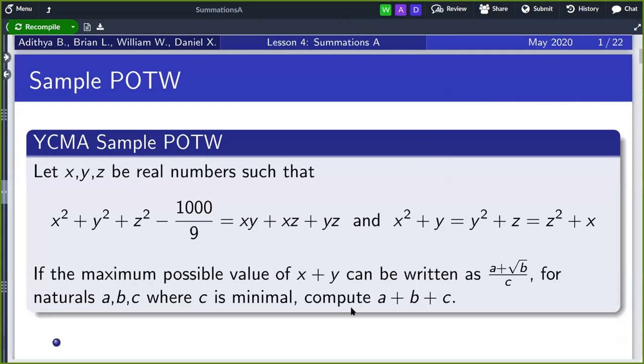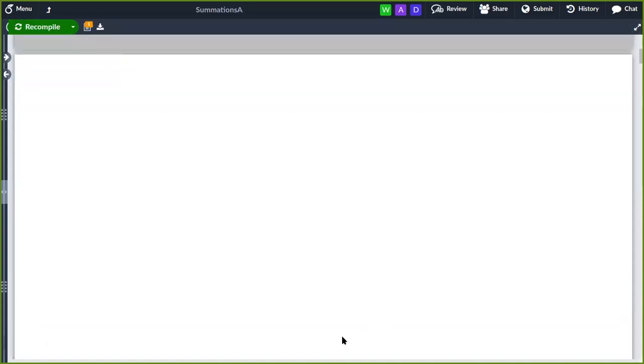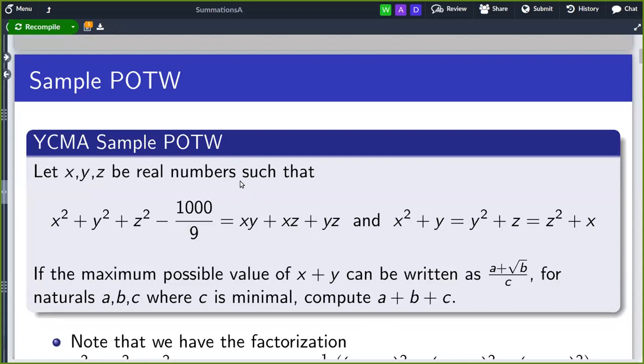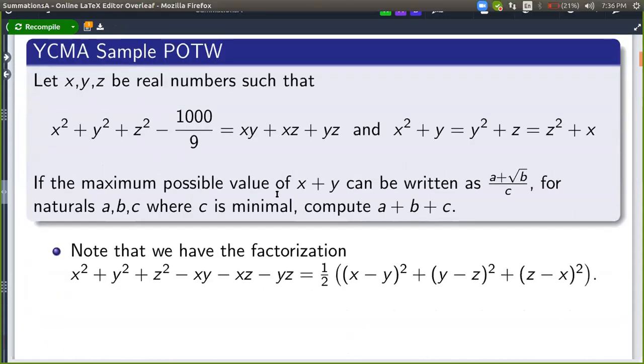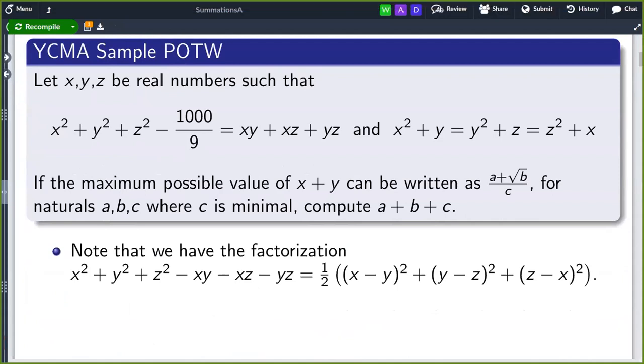But for the first equation, we can use this identity. To relate the terms in the first equation, we have this factorization: x squared plus y squared plus z squared minus xy minus xz minus yz equals 1/2 times (x minus y) squared plus (y minus z) squared plus (z minus x) squared.